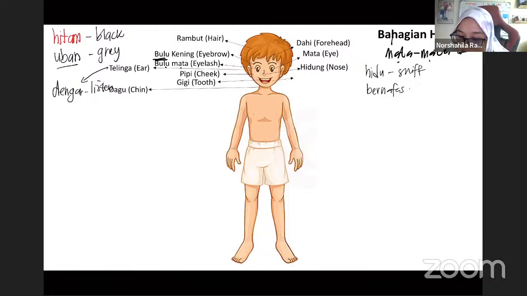And we have the whole thing here. The function is to ensure we can eat. It is a mouth. So in Bahasa Melayu, the whole thing we call mulut.